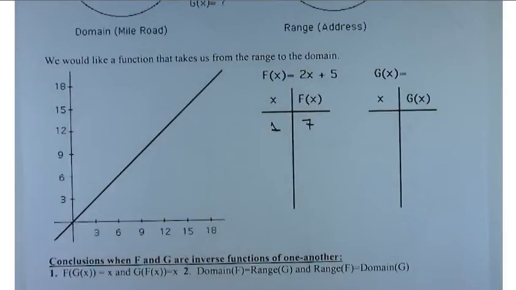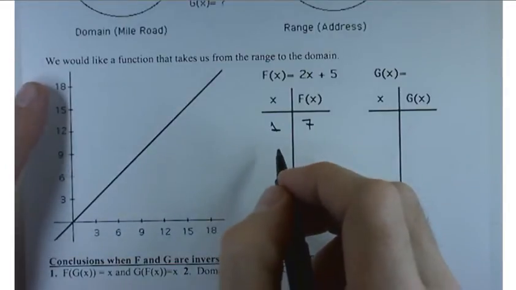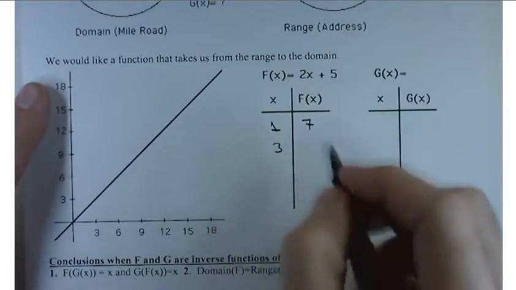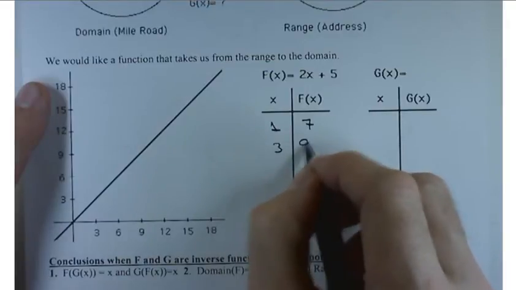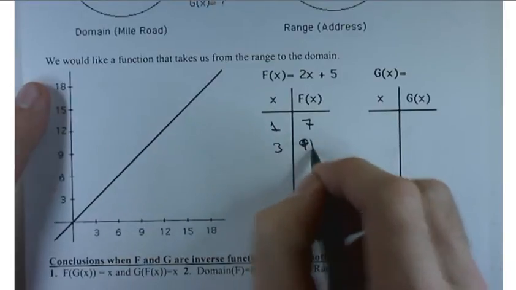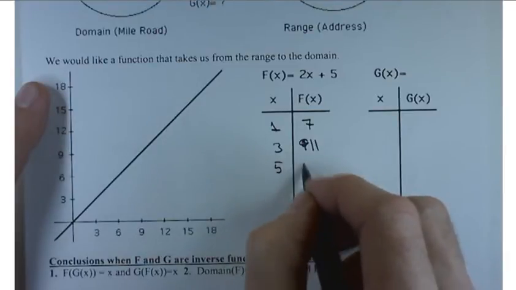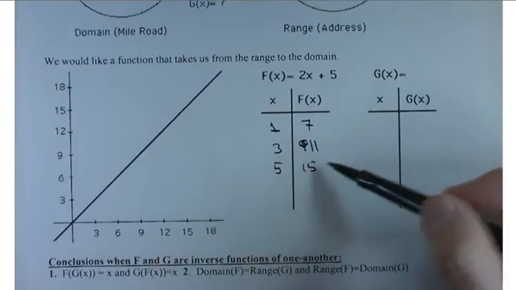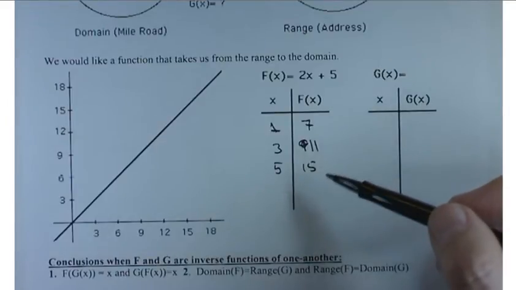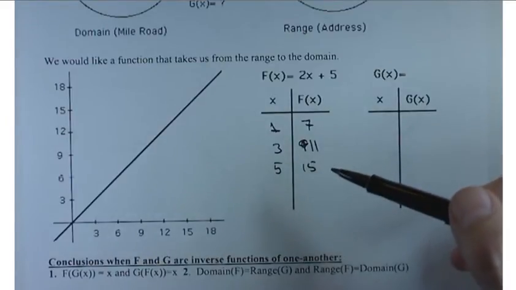Now, I'm not sure that this goes all the way that far south. 1 mile road, I think, would be Warren Road if it went all that way far south. 3 mile road would then be 11, and 5 mile road would be 15. So it'd be in the 15,000 block at 5 mile road and, say, Telegraph.